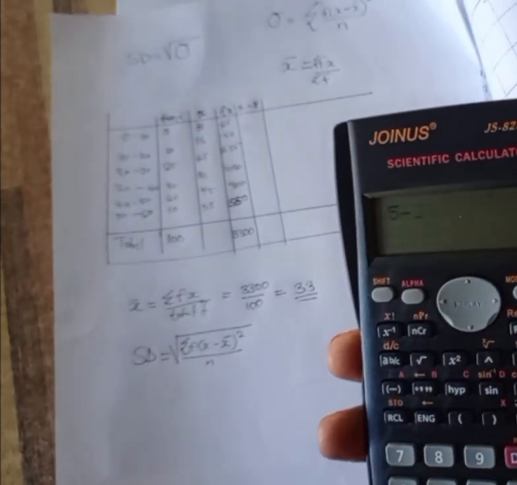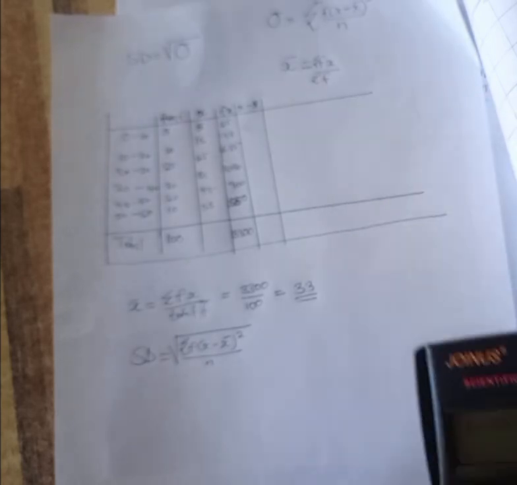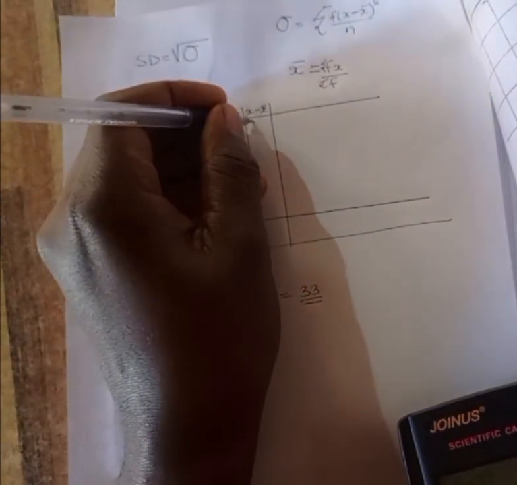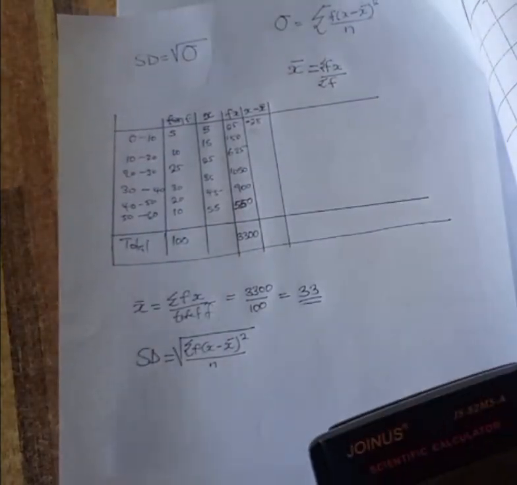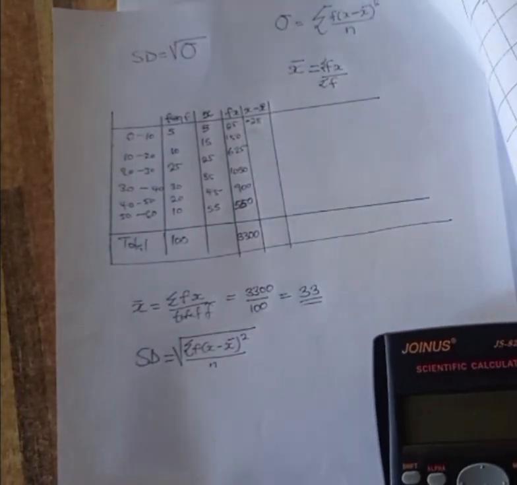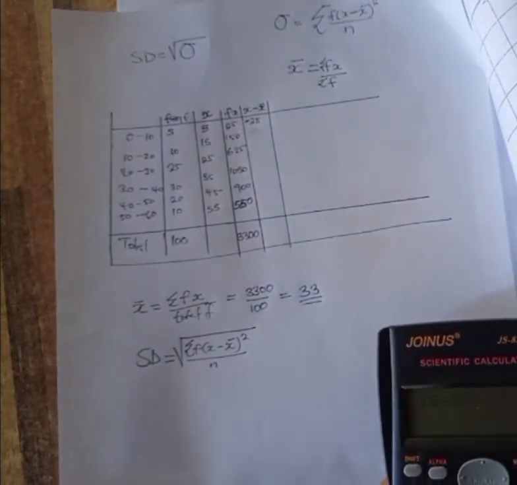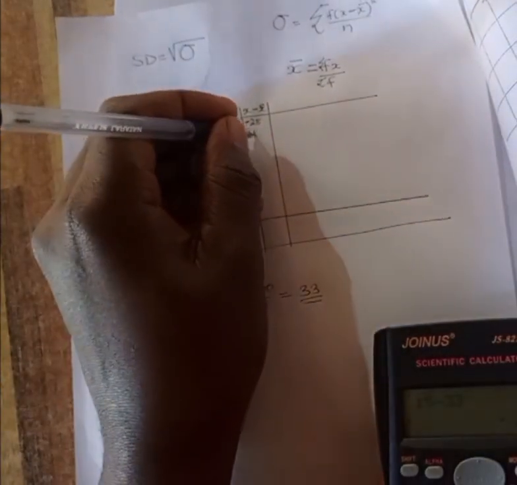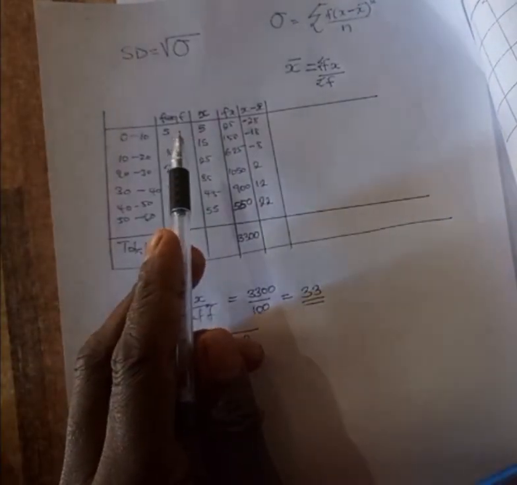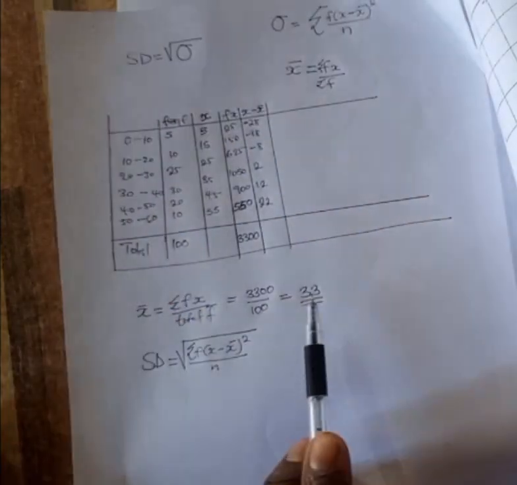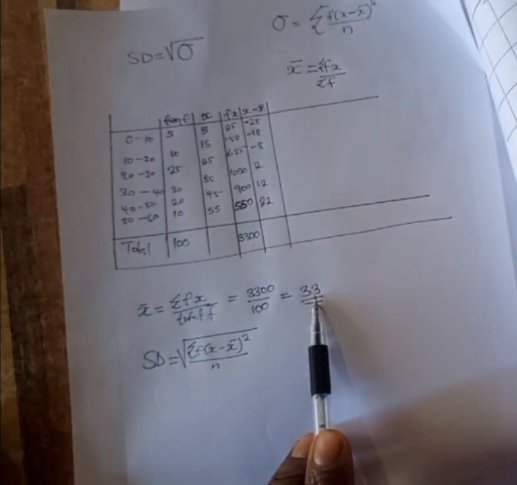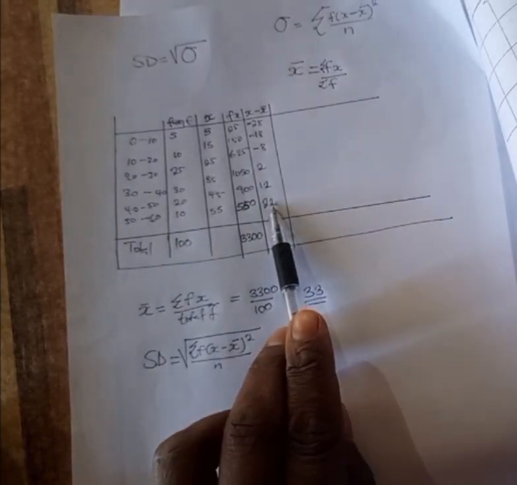55 minus 33, the answer I'm getting is negative 28. Then I go again to 15 minus 33, the answer I get is negative 18. So when I subtracted each xc minus the mean, these are the answers I've gotten.